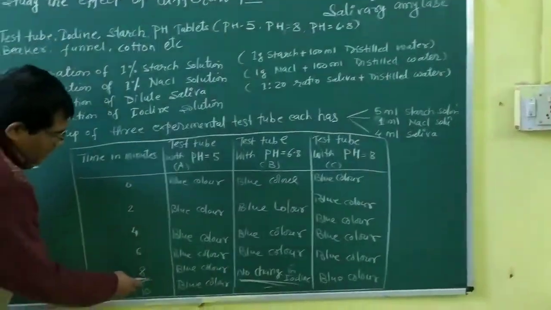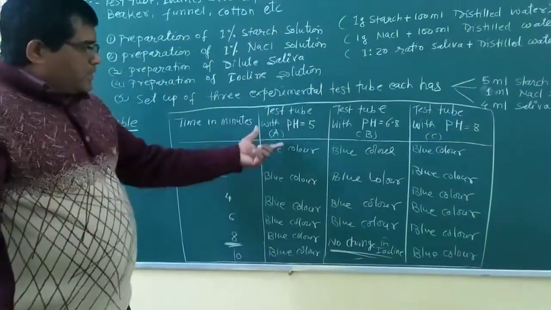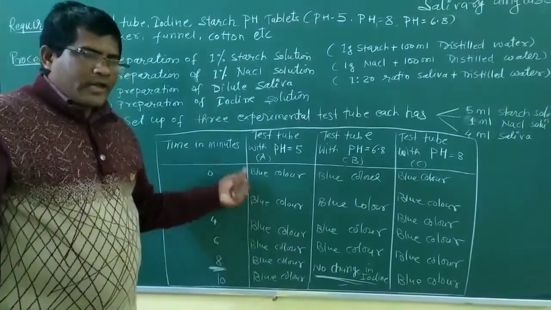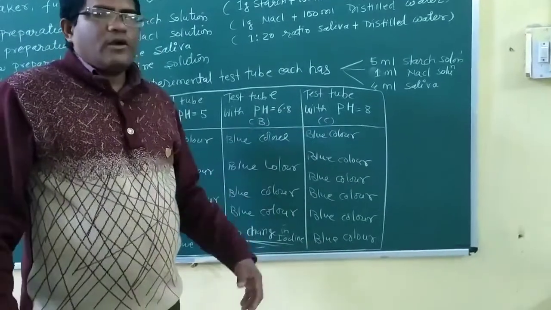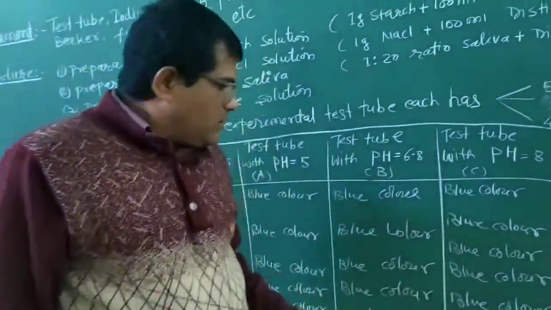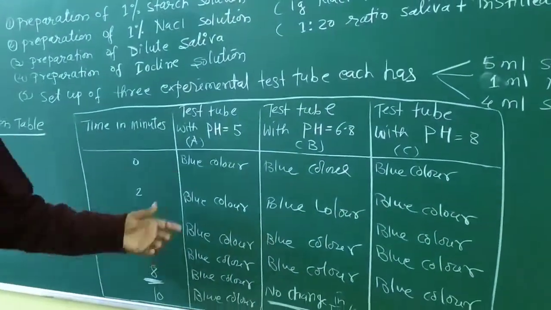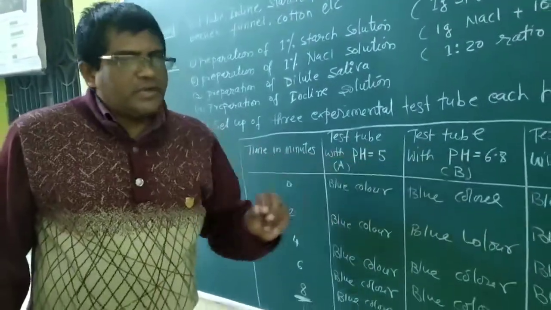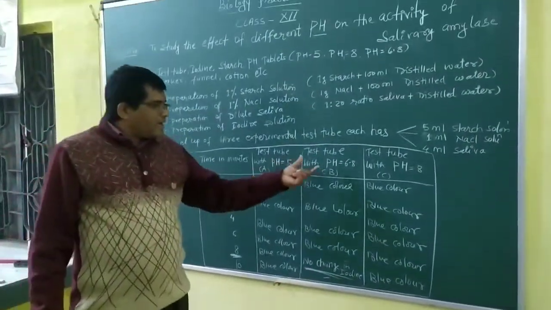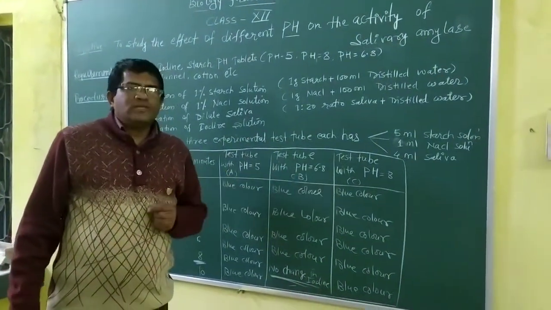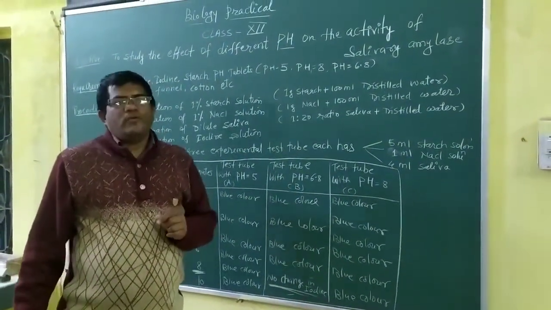So this is our result. At pH 5 we will not get the achromic point, and similarly at pH 8 also we will not get the achromic point. We get the achromic point only at pH 6.8. It means salivary amylase remains active at pH 6.8. Thank you.